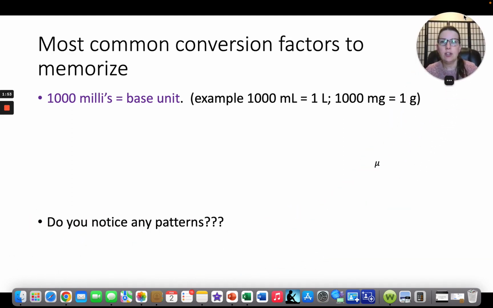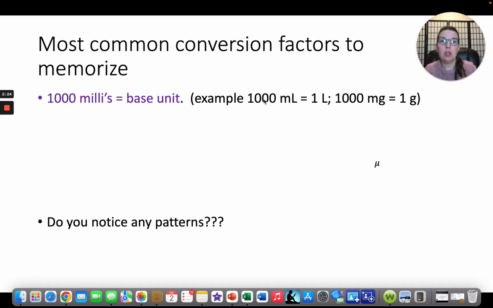Okay, figured it out. So here are some of the most common conversion factors that you're going to need to memorize. And I am going to have you do another quiz in order to practice this. So the first one is that you have 1,000 millis, and I put a little apostrophe s there because it's 1,000 milli somethings, 1,000 milliliters, 1,000 milligrams, 1,000 milli whatevers equals 1 base unit.